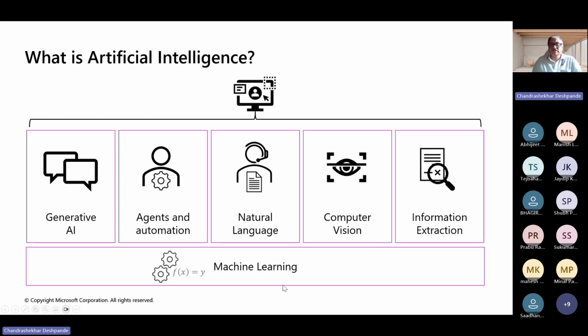For prediction, a simple environment is needed, but for natural language, computer vision and information extraction, it needs more sophisticated and complex environments like deep learning and neural networks. So those are being used here. For agents and generative AI, large language models are being used, and these large language models also work on tensors or neural networks. Tensors and neural networks need a different kind of hardware.